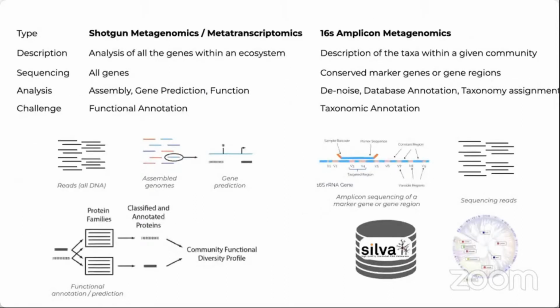Yeah. So these can be roughly categorized into shotgun metagenomics or metatranscriptomics approaches and 16S amplicon-based approaches, right? The 16S amplicon sequencing is a technique, not recent, it's very well developed now, that is widely used to study the microbiome directly in its environment, as we already discussed, right?